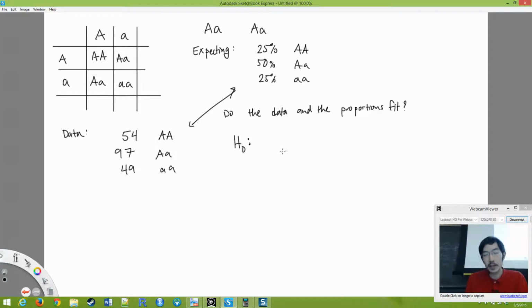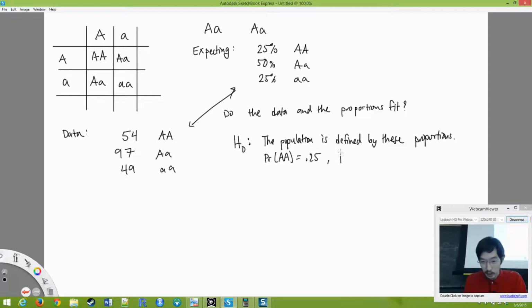The hypotheses are always about the population, so the null hypothesis says the population is defined by these proportions. Specifically, the probability of AA is 0.25, the probability of Aa is 0.5, and the probability of aa is 0.25. So your null hypothesis states that the population is defined by these proportions.